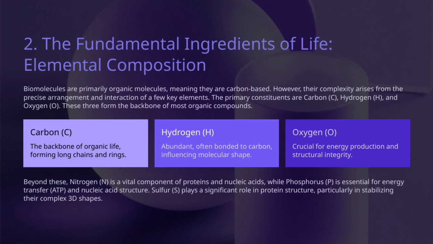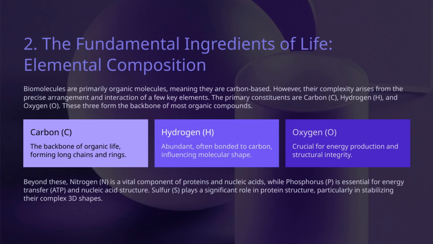Next is hydrogen. It's everywhere in organic molecules, forming part of water and many compounds. Its presence is fundamental for the structure and energy transfer processes in cells. Beyond oxygen and hydrogen, there are other key elements. Nitrogen, N, plays a critical role because it's a core component of proteins and nucleic acids.